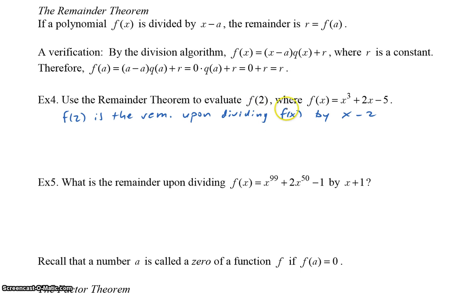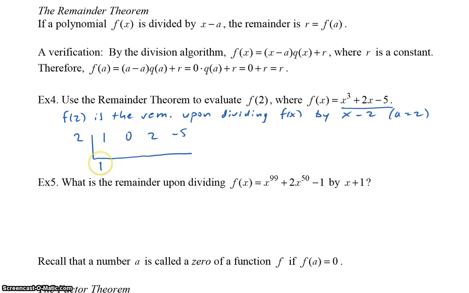So if we set up a synthetic division using 2 in the upper left corner, that is, a is equal to 2, and then using the coefficients of f of x, which would be 1, 0, 2, and negative 5. Notice we're missing the x squared term, so I have to put a coefficient of 0 in after the leading coefficient.